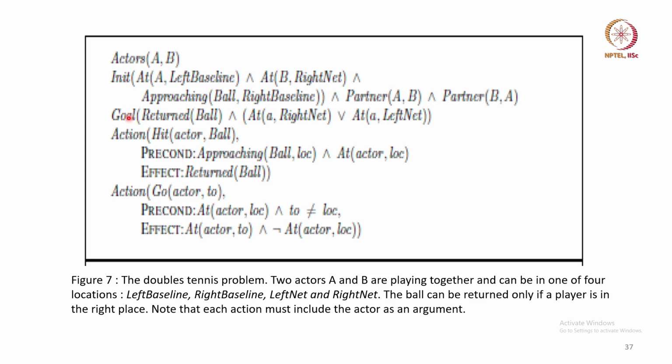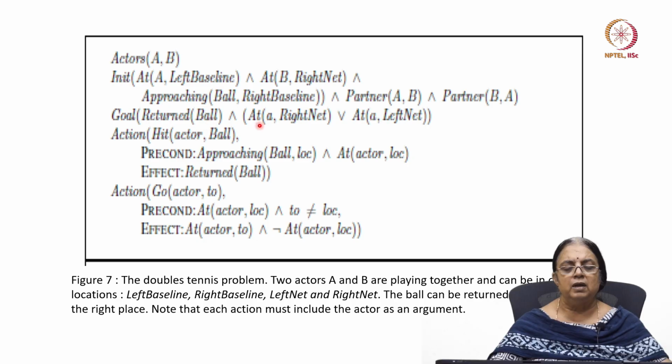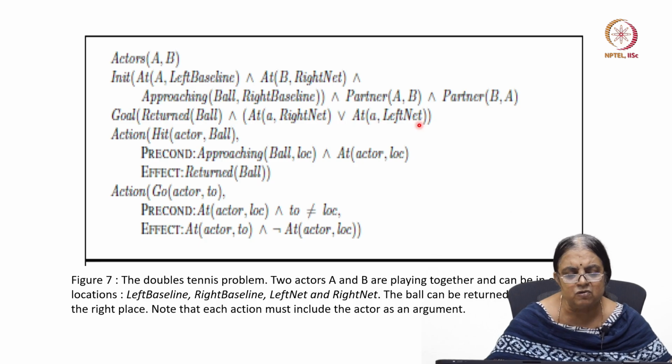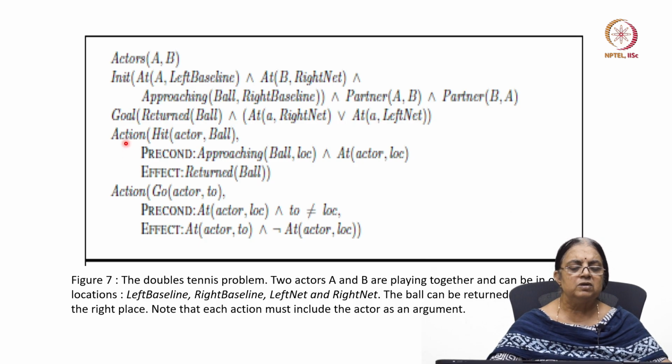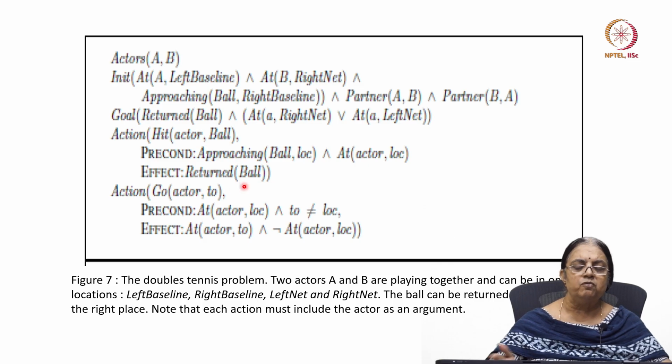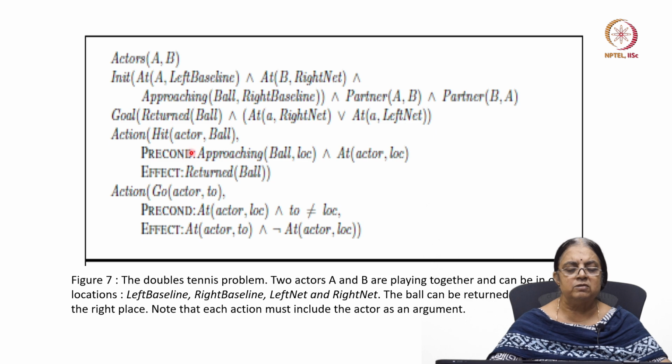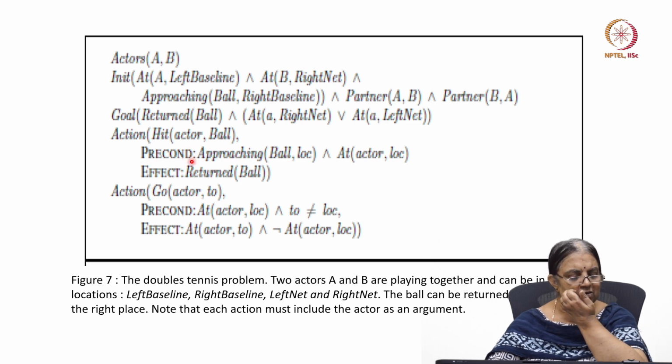And what is the goal? The goal is to return the ball, with A at right net and at left net. This is the goal that you have, and these are the actions that you can have. A particular actor will have to hit the ball, and another action is to go from one place to another place.